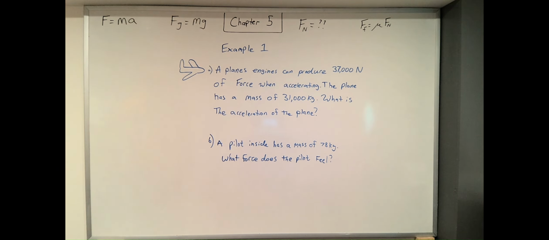This I know to be 20 newtons. The mass is not given in the problem, but it's given in the drawing. So I will have 10 times A, and this tells me that A is equal to 2 meters per second squared. Now I can take my 2 meters per second squared and plug it in over here for the acceleration.